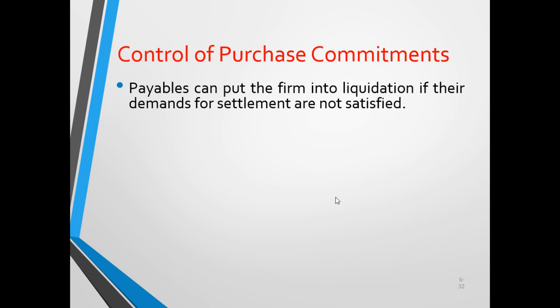They are the payables. If you don't make the payment on time, if they request you to make the settlement and you don't have the ability to make the payment, they can make your company go into liquidation.